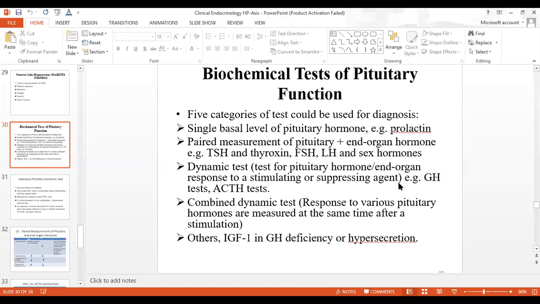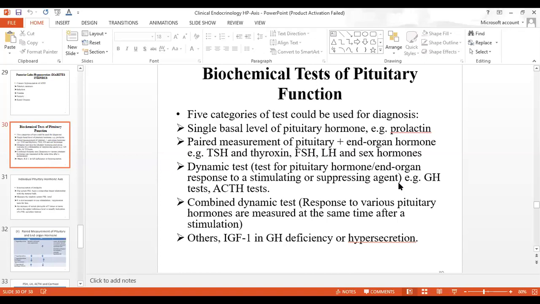Or we can measure, let's assume we are dealing with someone with, let's say, hyperthyroidism. What we can do is measure the TSH levels, that is the hormone produced by the anterior pituitary gland, and then we can also measure the hormone produced by the gland it is affecting.